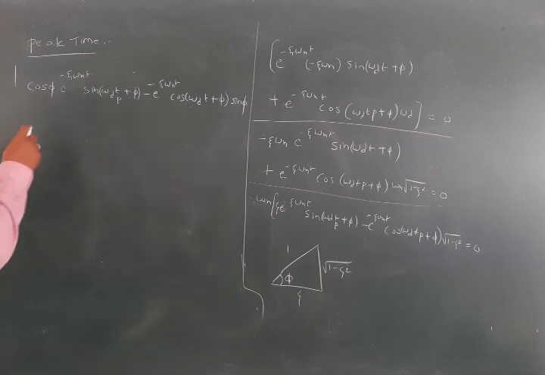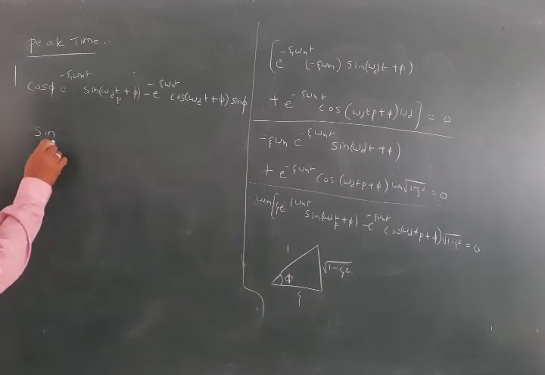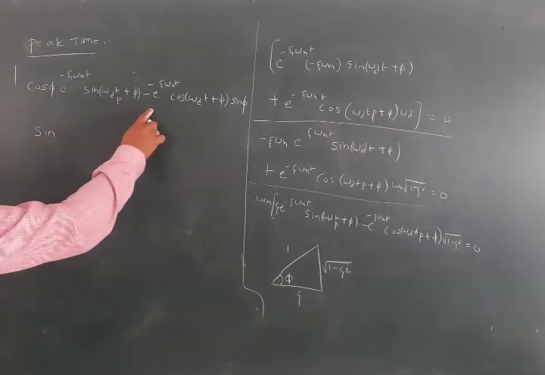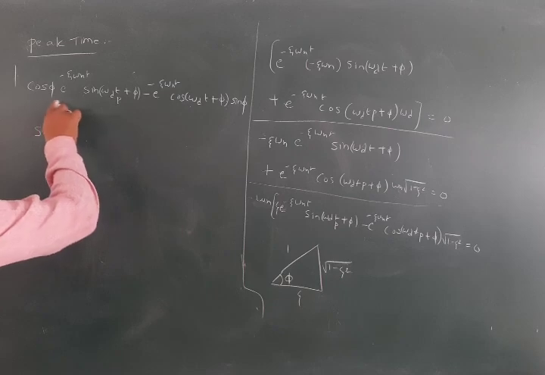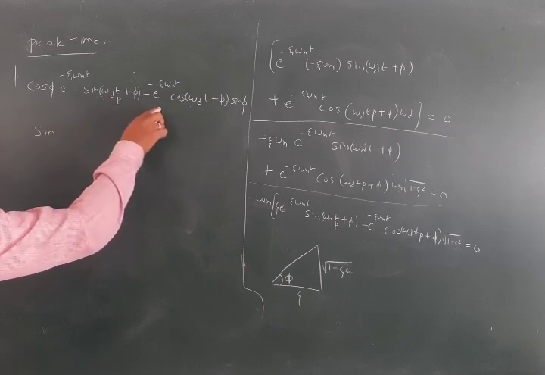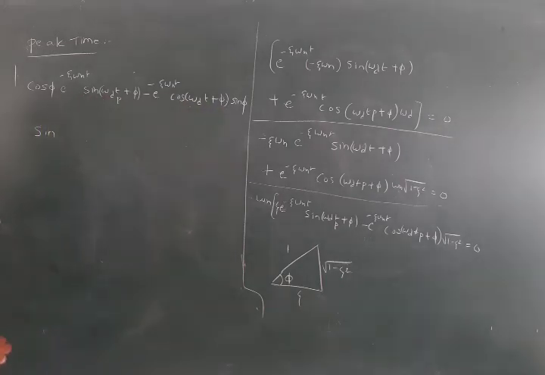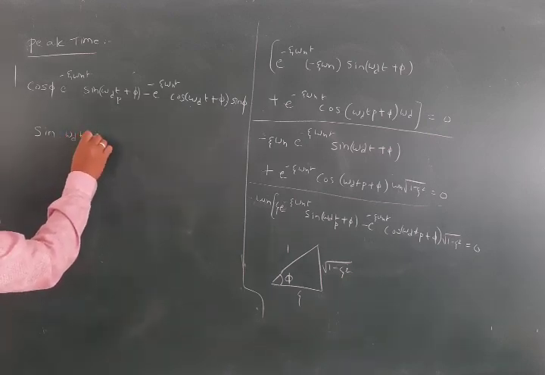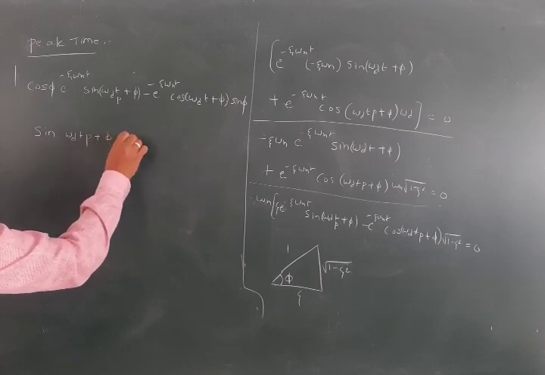After getting this value, you can write this in the form of sin and cos. So it becomes cos a sin b minus sin a cos b. So this value is zeta omega_n into sin(omega_d Tp + phi minus phi).